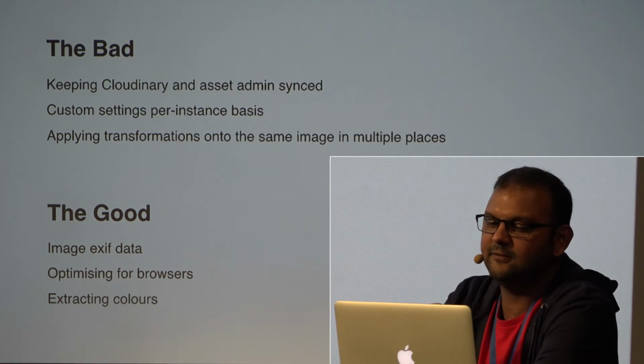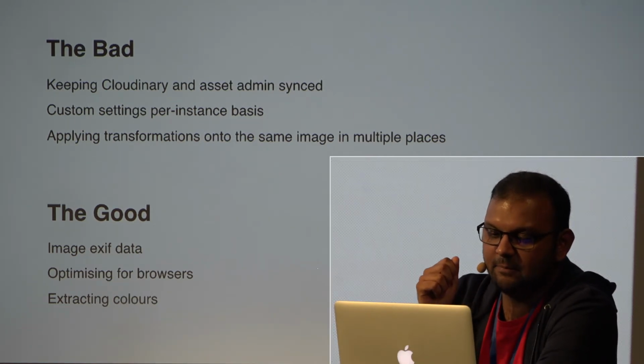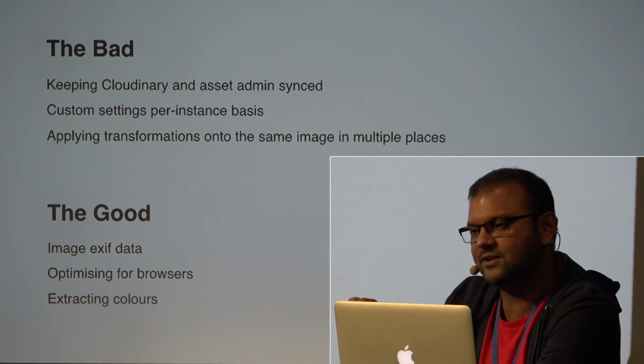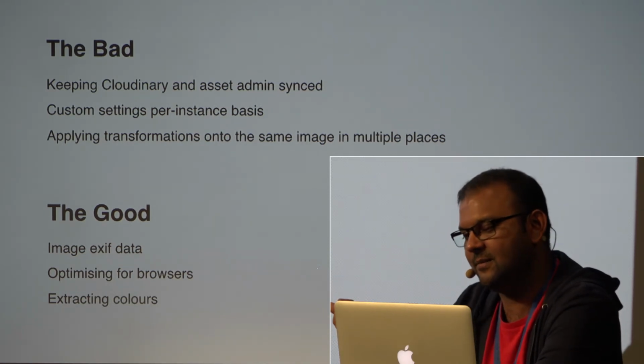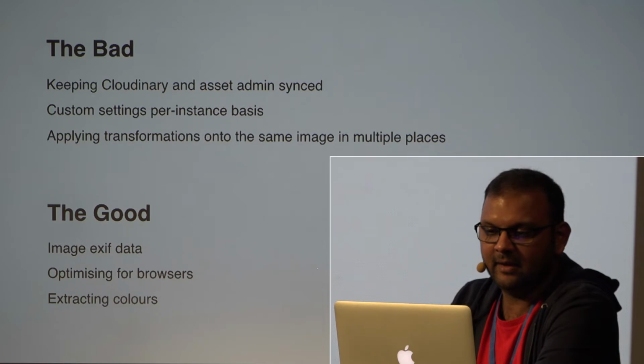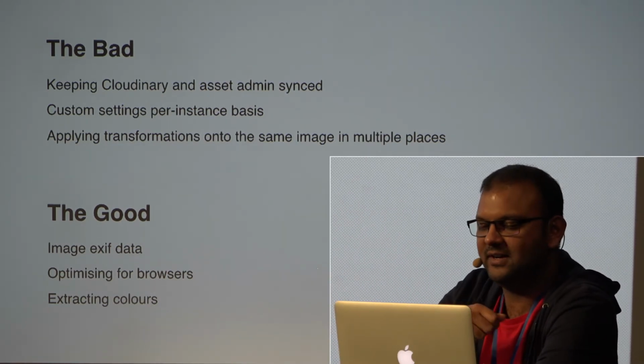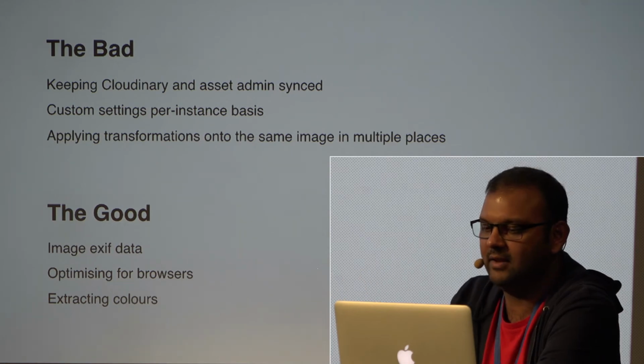All of that gets synced and saved into the database whenever the image comes through, so anytime you pick that image, you don't have to wait for it to be fetched from Cloudinary. It's just there, available for you.